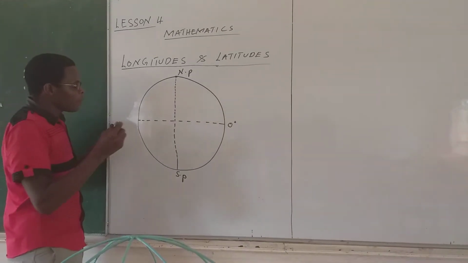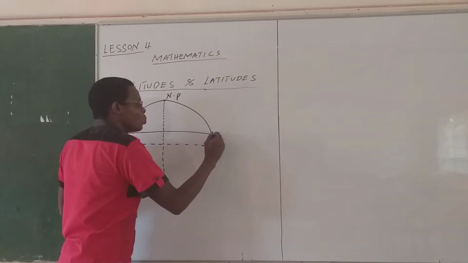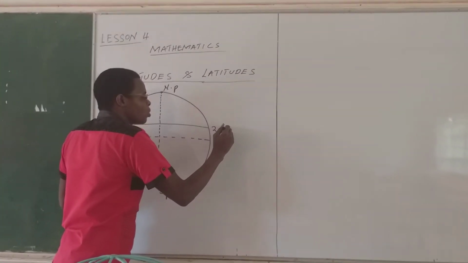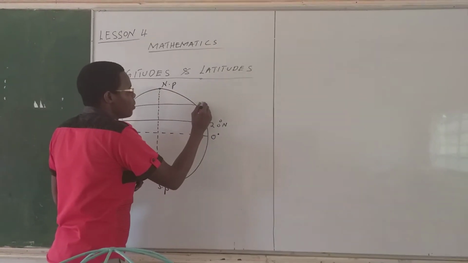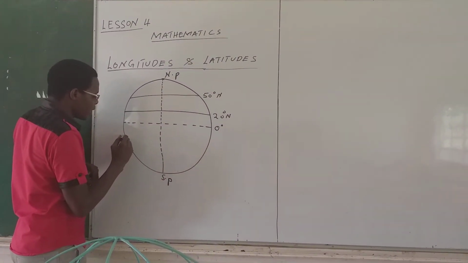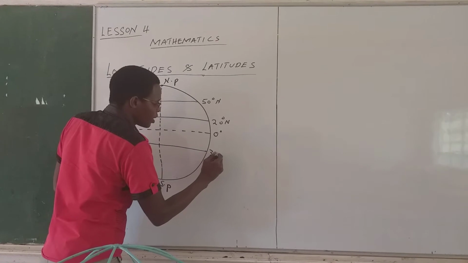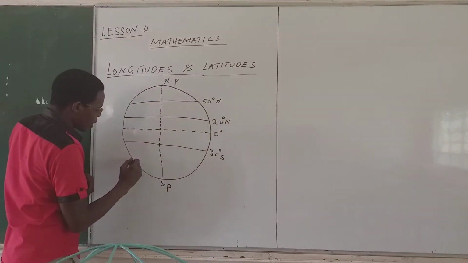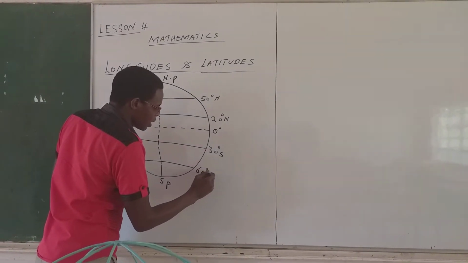Now, if you are given this line, maybe from here to here, which is 20 degrees north, then we have another line here, which is maybe 50 degrees north. We might also have another line here on the southern part, which might be 30 degrees south, and another one here, maybe 60 degrees south.